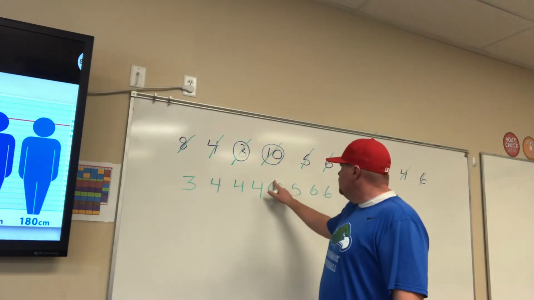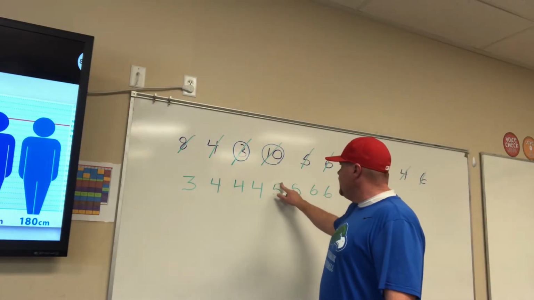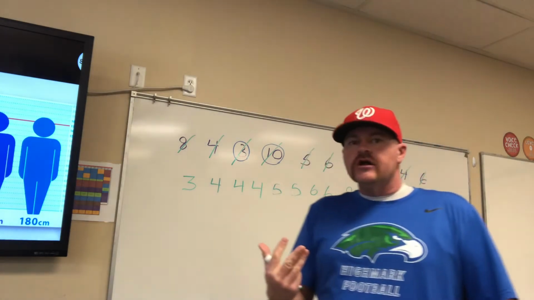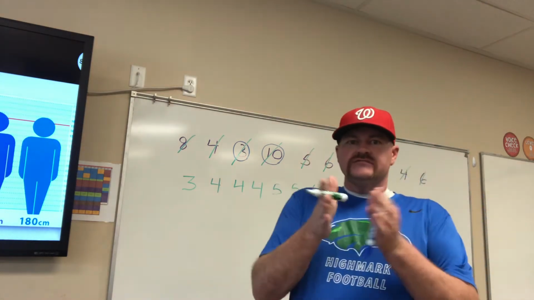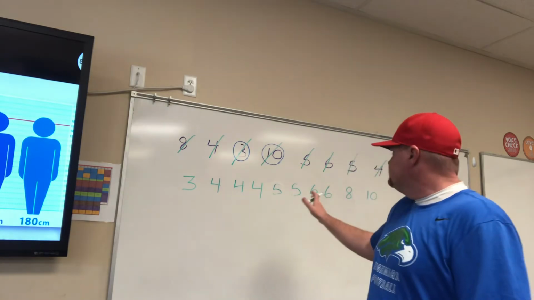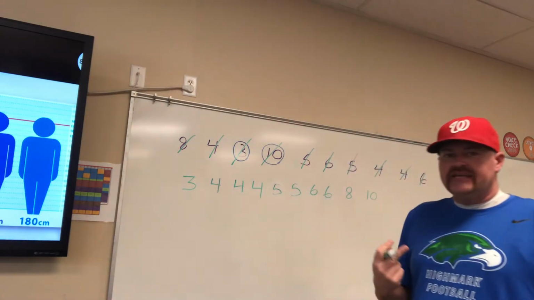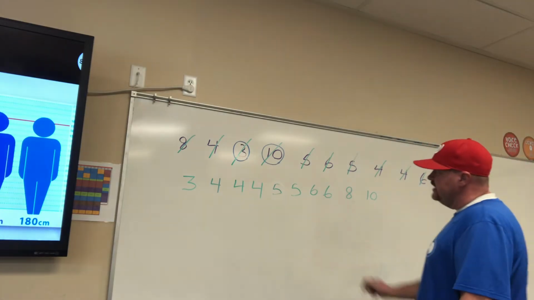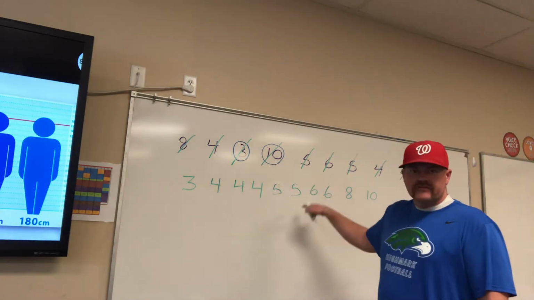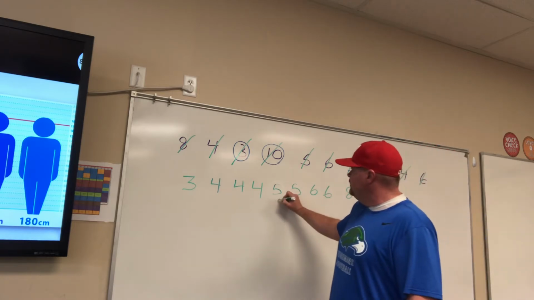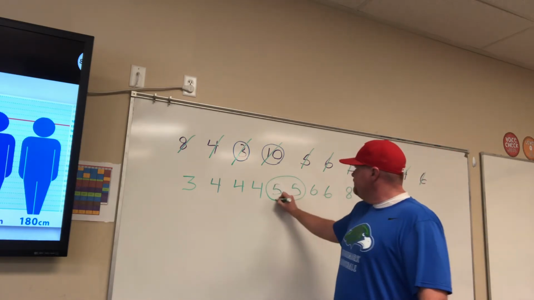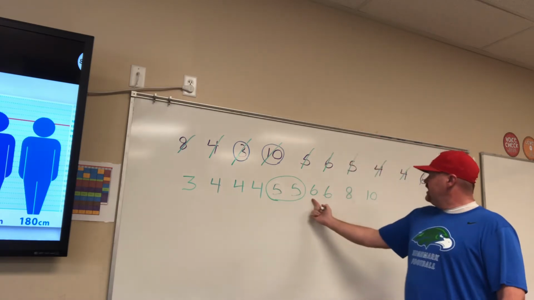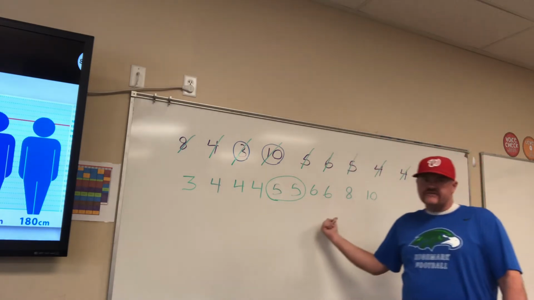So the example that we had before using the height with the little characters on the TV was easy because it was an odd number. So it was very easy to identify the true middle, right? But in cases like this, where you have an even set of numbers, we're going to basically identify the two numbers in the middle. Okay, so if we say that 5 and that 5, we now have 4 digits to the left of those 5s, and we have 4 digits to the right of those 5s.